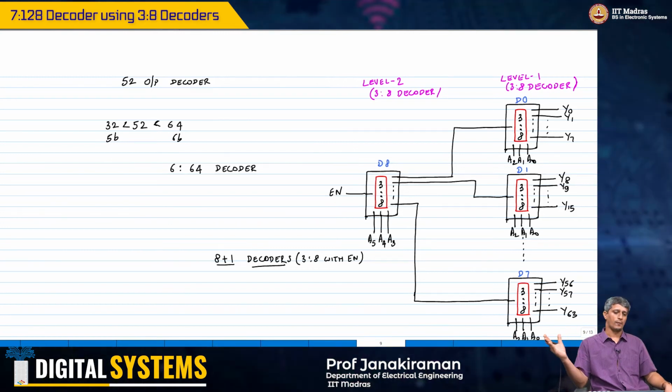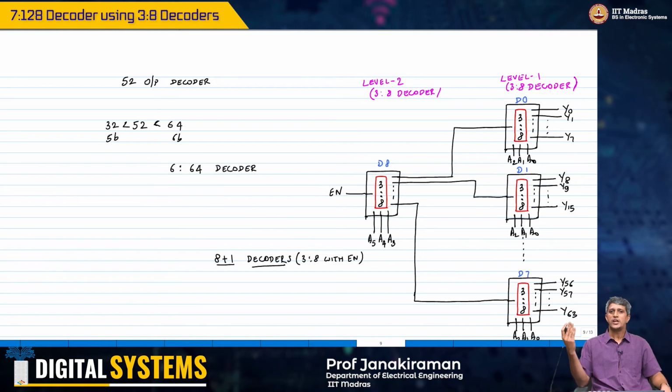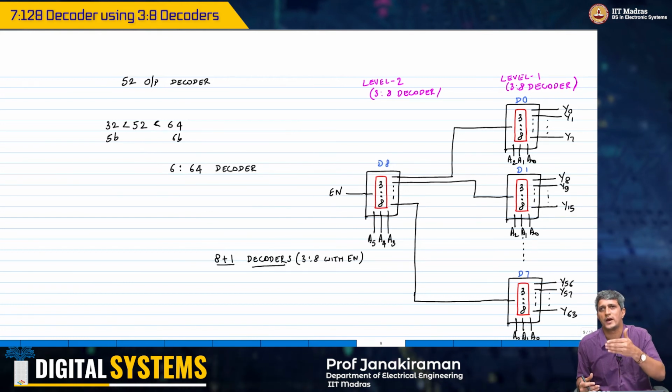The only point is you don't need as many decoders in the output going all the way to 63. So, what you can do is simply cut these decoders off once you reach 52. For example, if you are building it with 3:8 decoders, you can go only in multiples of 8.